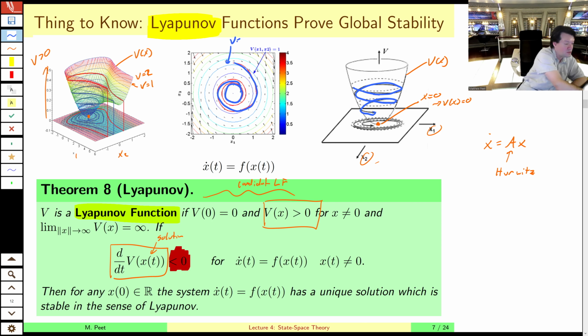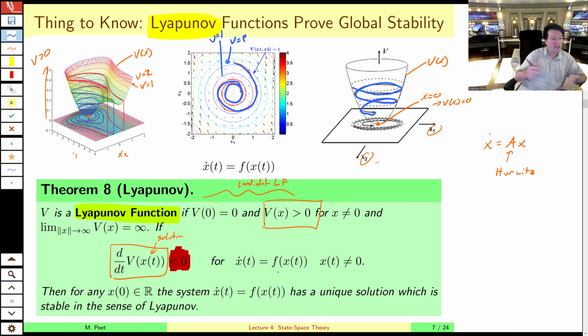So if you can find a candidate Lyapunov function which satisfies this property along solutions, then you can prove that the system is stable. It's a fairly straightforward proof. So you can think about these as energies of the system, if the energy of the system is decreasing. But as I'll argue, that's probably not the right way of thinking about these functions.